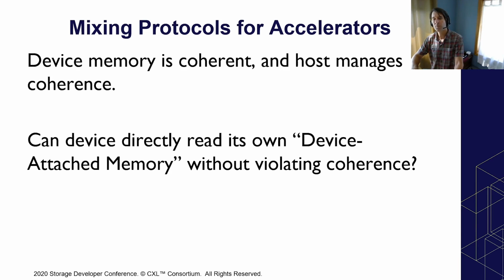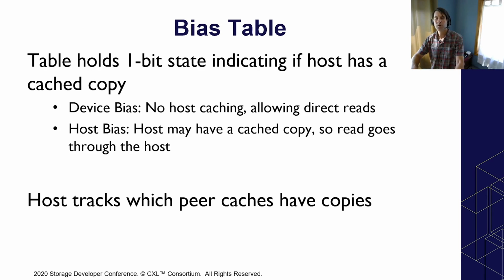We want the host to be responsible for managing the scale of the coherence that's within the host. So we want to keep it as simple as possible from the device point of view, but we still want to allow the device to directly read its device attached memory without violating coherence. So how do we do that?